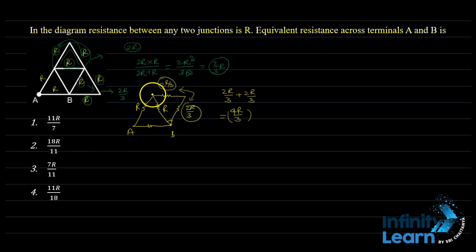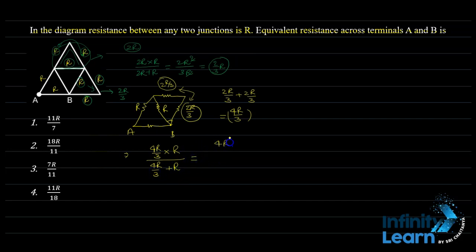So this triangular shape will have equivalent resistance of 4R by 3 into R divided by 4R by 3 plus R. Let us further solve this.